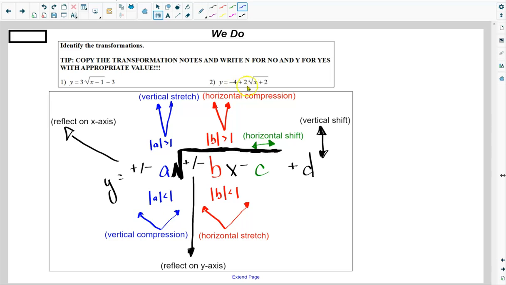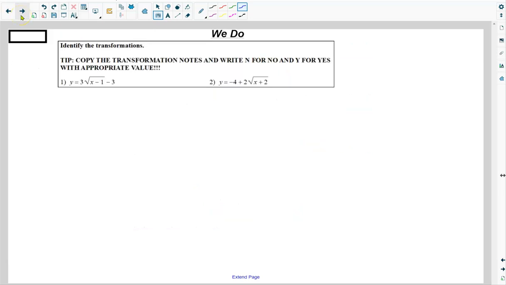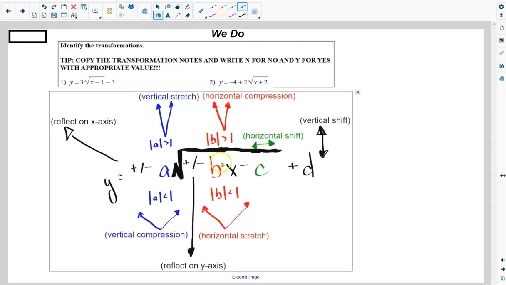You have to look at standard form, which means everything should be in this order: the A, the B, the C, the D, and the C and the D must have a minus and a plus in that order. This is what you're encouraged to do: copy all this. It's just good practice. It'll stay in your head anyways. Once you copy it, then we can apply the yeses and nos.